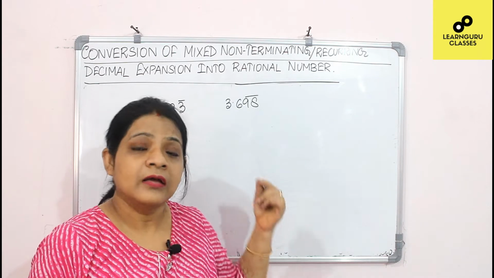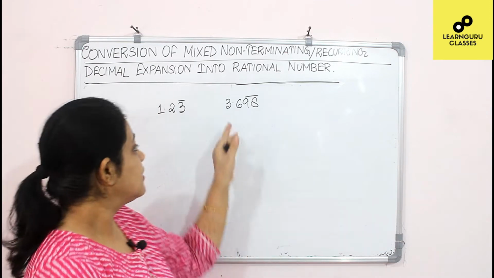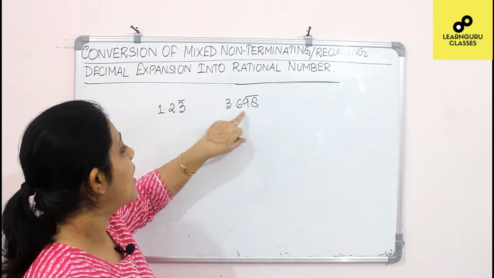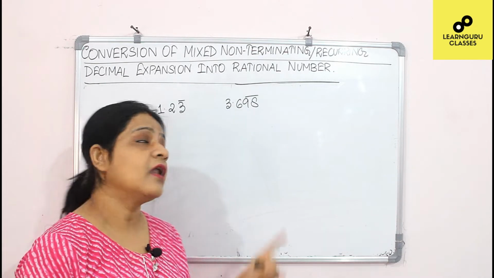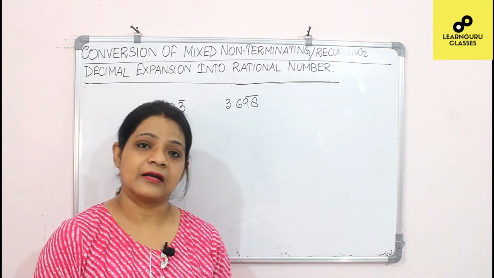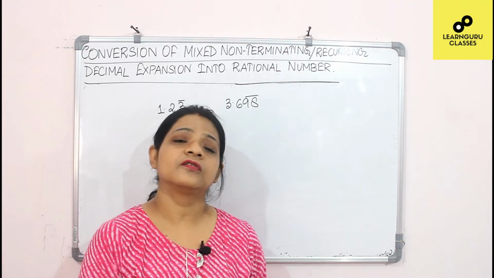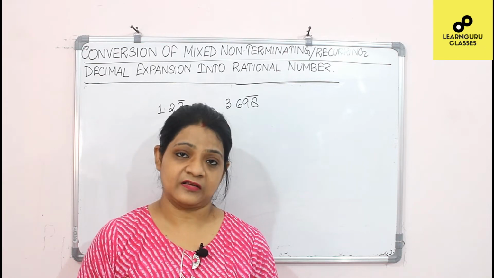So this is an example of a mixed recurring decimal expansion. In 3.698 bar, 698 is after the decimal point, but only 98 is under the bar. So this is also an example of a mixed non-terminating decimal expansion.